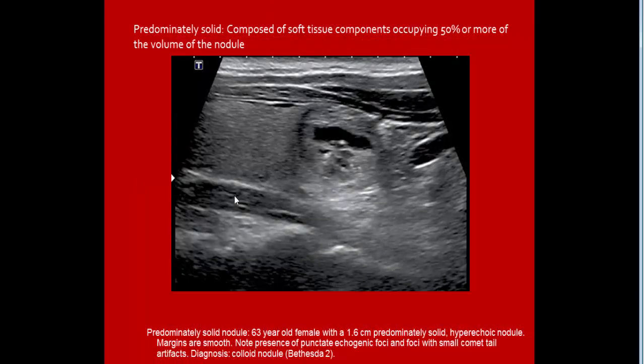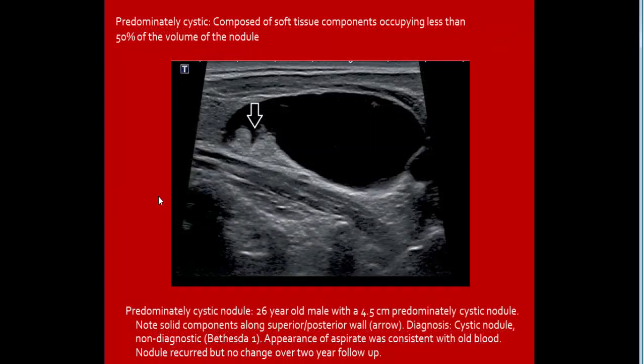Predominantly solid is composed of a soft tissue component occupying 50% or more of the volume of the nodule. This is what's called predominantly solid, as we see. Predominantly cystic is composed of a soft tissue component occupying less than 50% of the volume of the nodule.